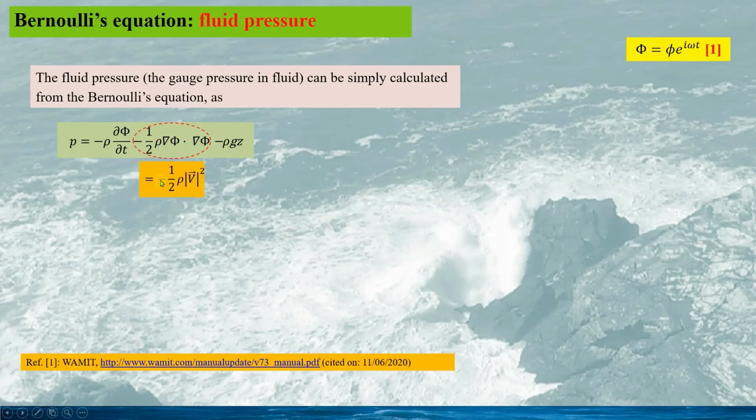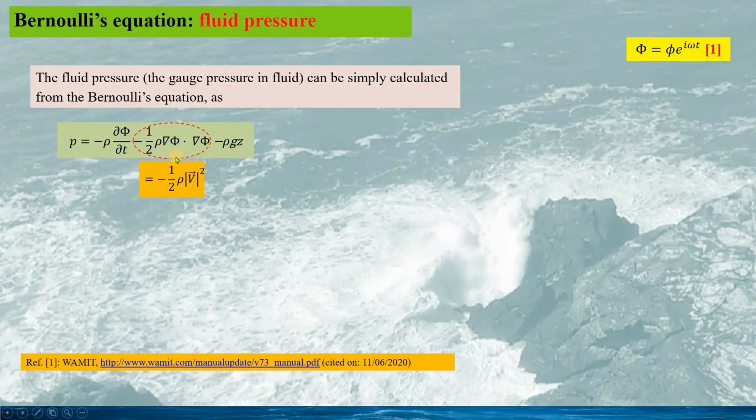For wave and structure interaction, the higher order pressure is given by this. In the wave structure interaction, the fluid velocity is normally quite small. Therefore, the second order fluid pressure is normally an order smaller than the first order dynamic pressure.